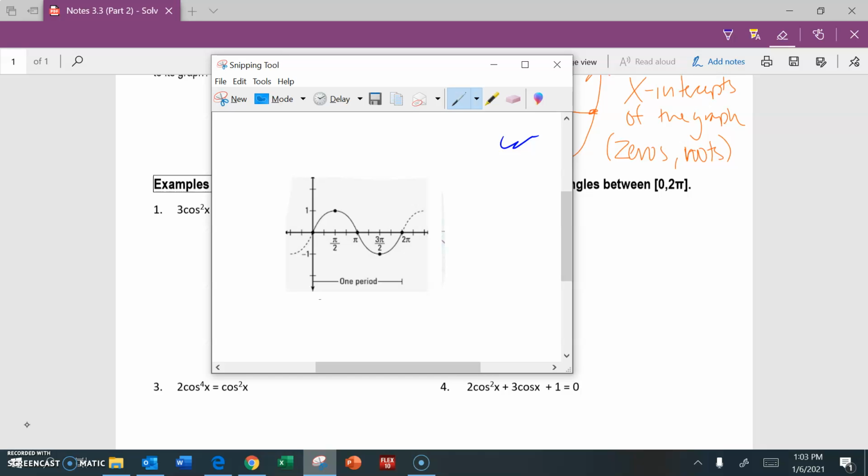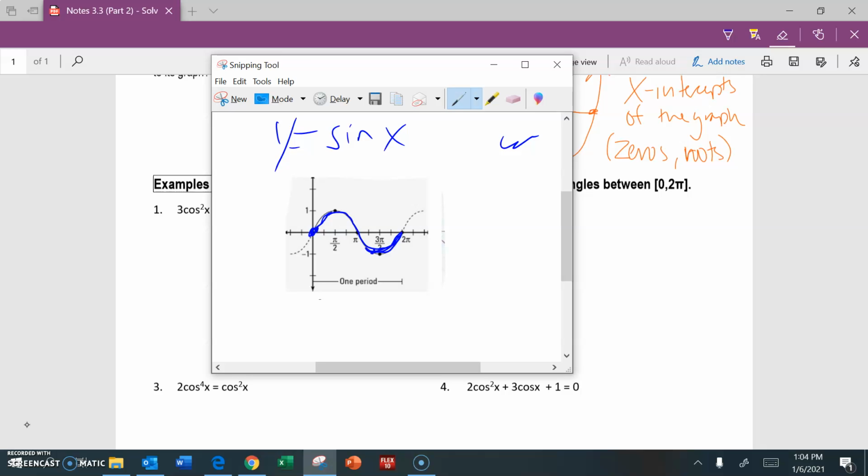I'm going to pull up on your screen the parent function for sine. So this is our y equals sine of x graph. Remember, it started at its intercept, and it hit its max, intercept, min, and back to its intercept. This was the parent for sine.